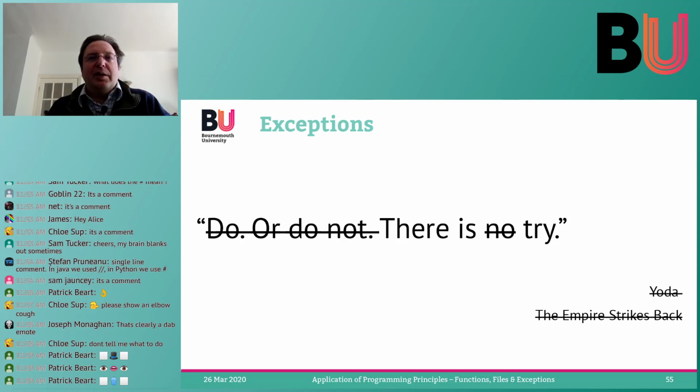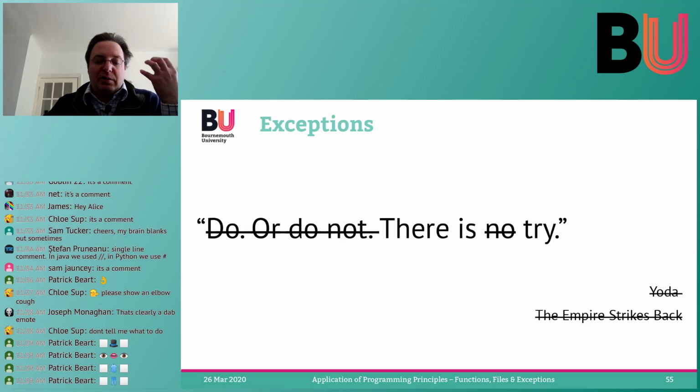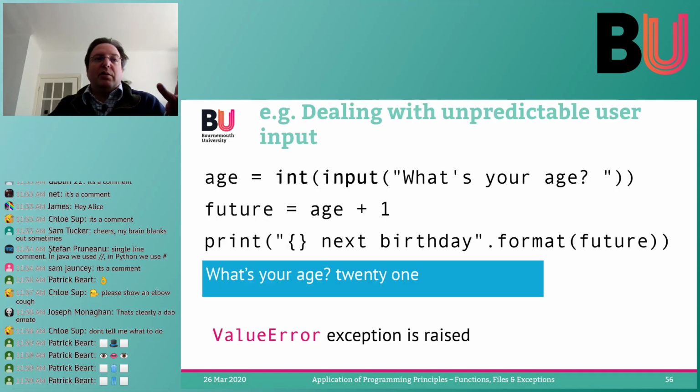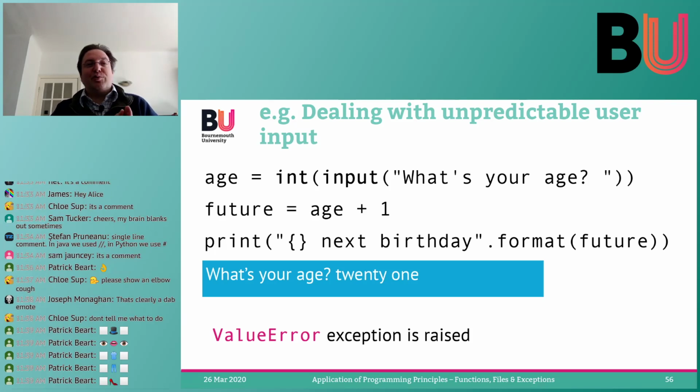The idea of exceptions is that you basically have a way of returning an error state out of bounds. For example, if we have that age function, what happens if someone writes out the name 21 in text? Well, the int function can't handle that.